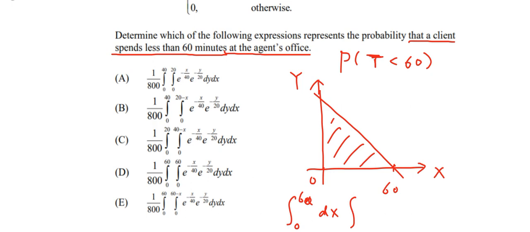Then once we determine X, determine Y. So Y should be 0 to 60 minus X, right? Then f(x, y) dx dy. So this probability should be this.